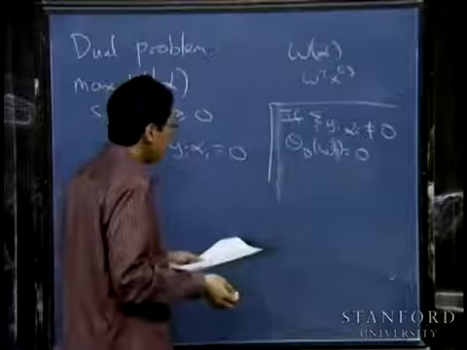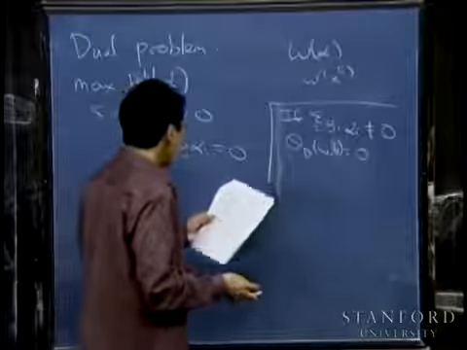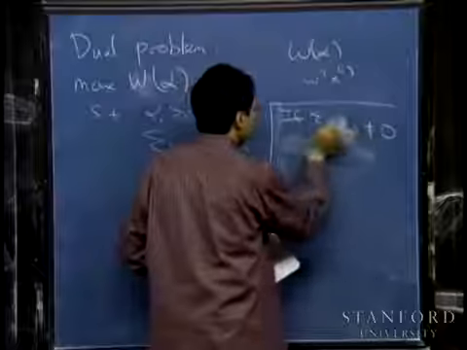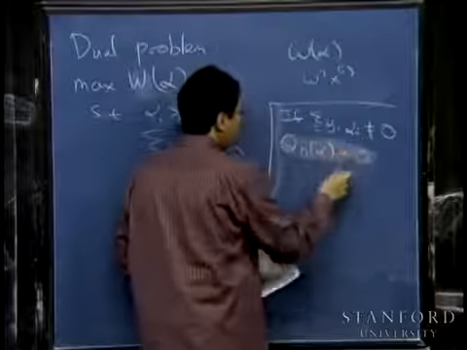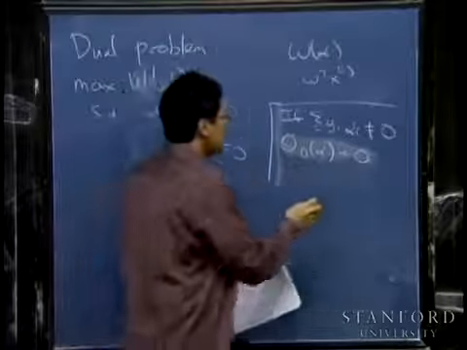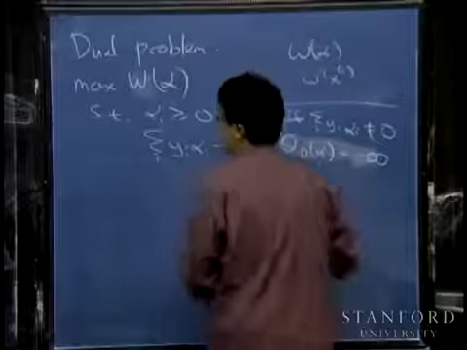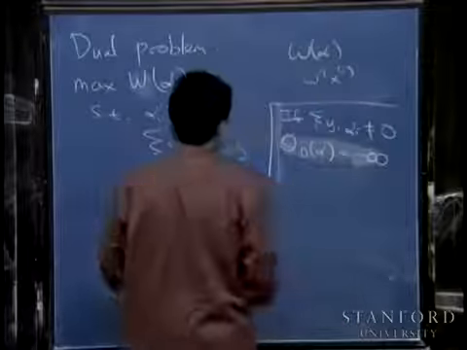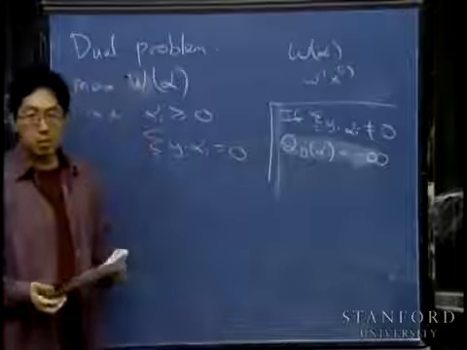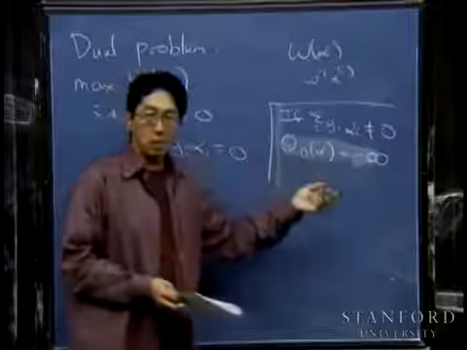Then theta D of alpha is equal to minus infinity. We're minimizing, right? In other words, it turns out my Lagrangian is actually a linear function of my parameter b.